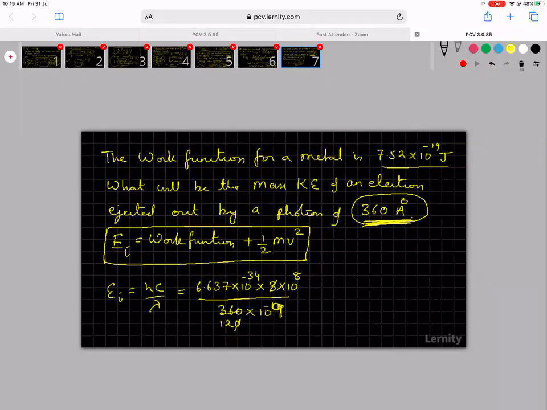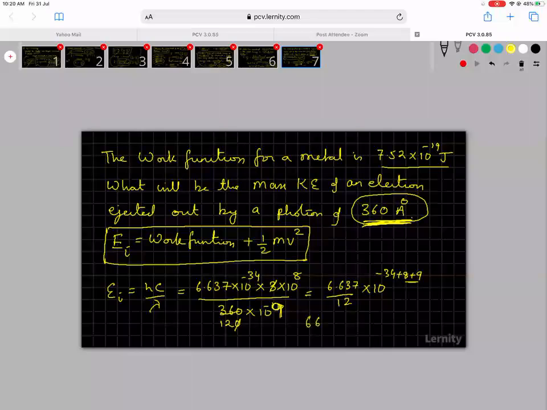Okay, 10 I'll remove it, make it 9. So this is equal to 6.637 by 12 into 10 power minus 34 plus 8 plus 9. So this is 17. So minus 17. So 12 divided by this.